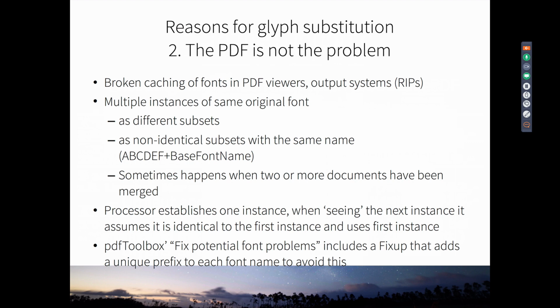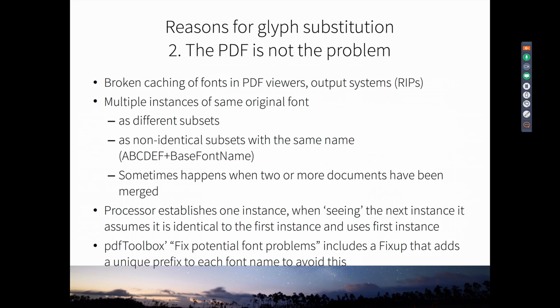Now, you may create single pages, for instance, and then merge the single pages later on. And then it might happen that the subset fonts, I forgot to mention, each subset font gets a unique prefix before it. So in this example, it's A, B, C, D, E, F plus, and then the actual font name. This is done by convention.